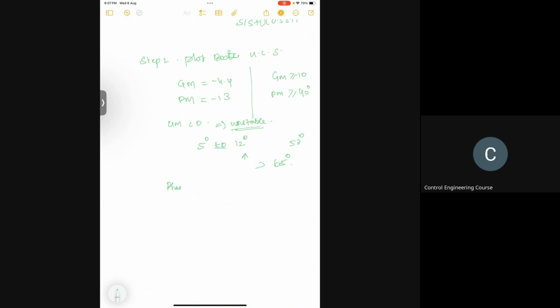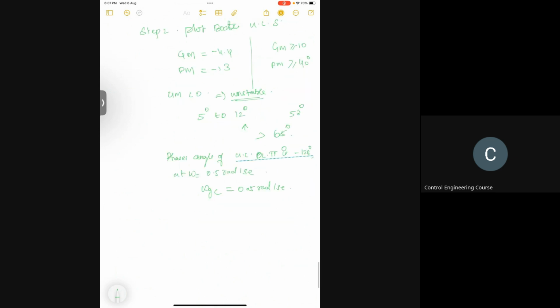The phase angle of the uncompensated open loop transfer function is around minus 128 degrees at omega equal to 0.5 radians per second. So our new gain crossover frequency is 0.5 radians per second.